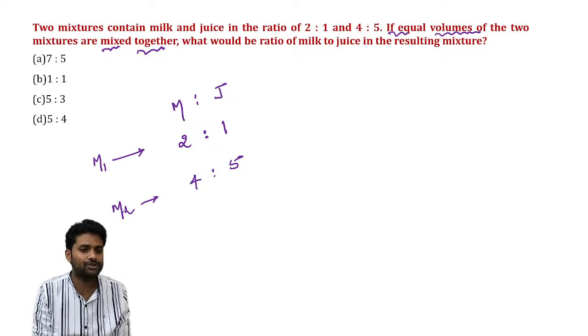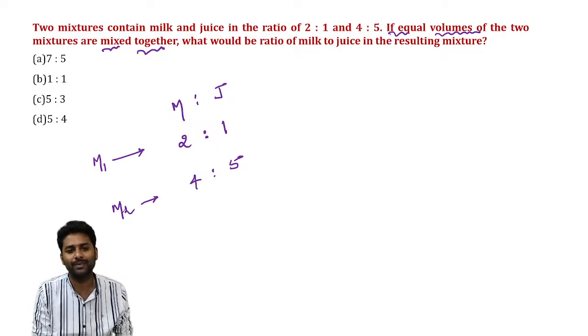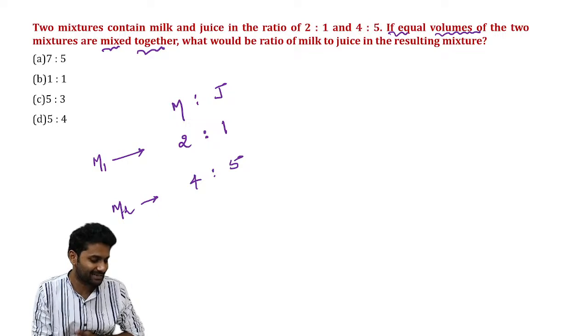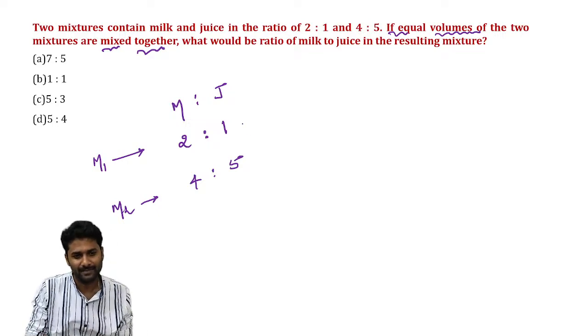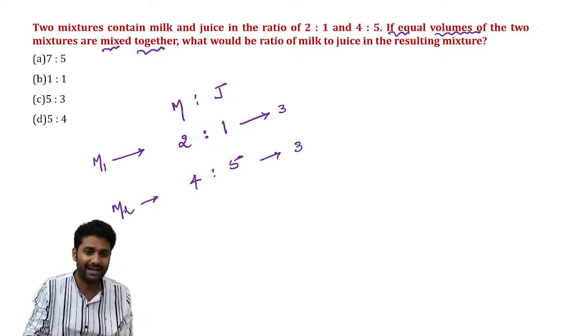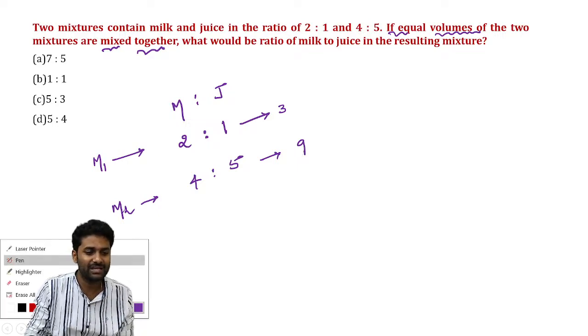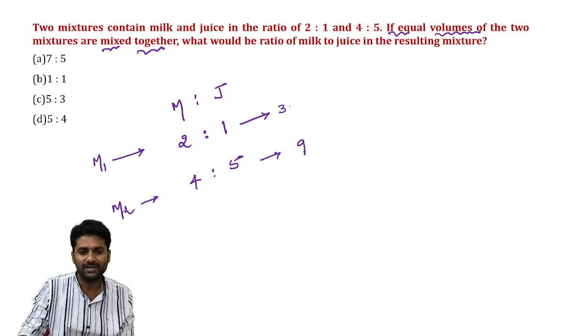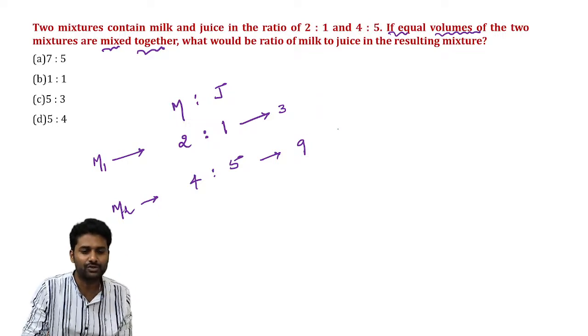After mixing together, what can be the ratio of milk to juice in the resulting mixture? The sum of these two values is 3 units. The sum of these two, 4 plus 5, is equal to 9 units. And they clearly mention that it has an equal volume. But if you observe, mixture 1 is 3 units, mixture 2 is 9 units.